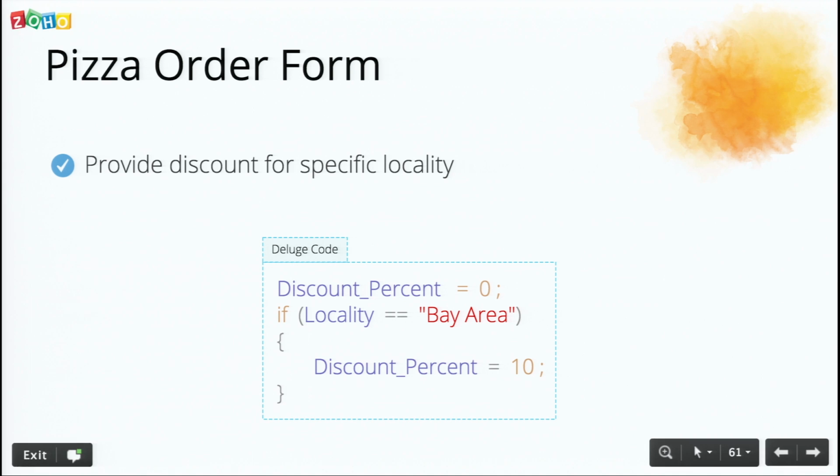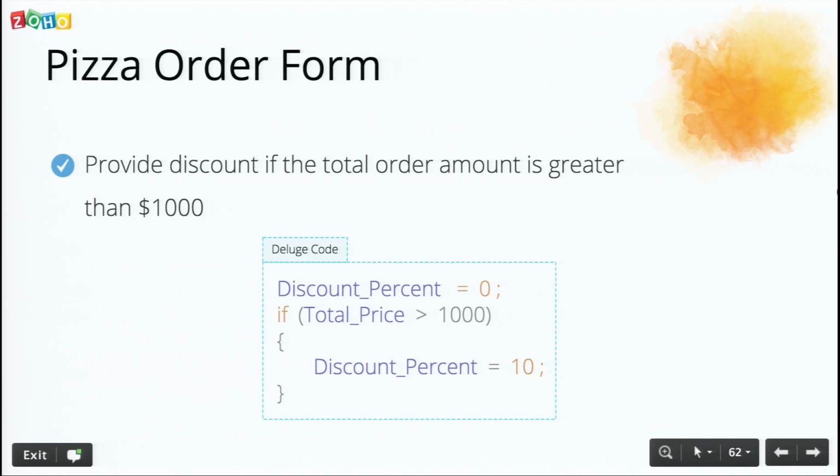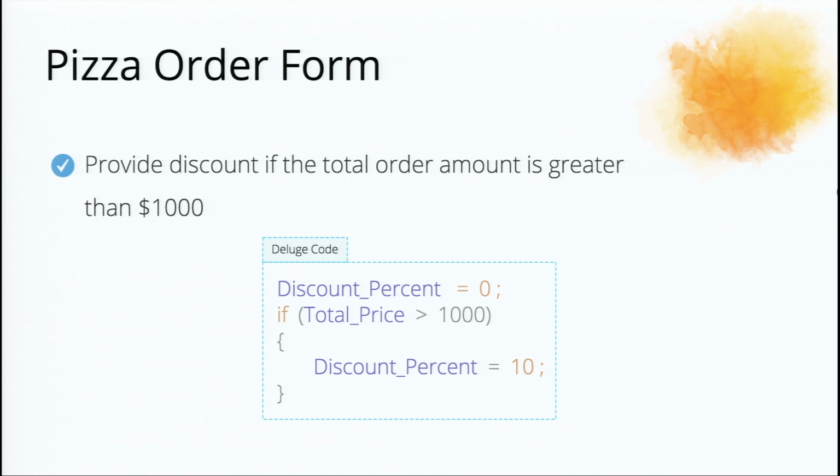Okay, let's get into the next thing where I want to check if the total price is greater than $1,000. Set the percent as 10. I'm going to combine these three things into one single thing. So this is how you do an outline. Take one task, define it, take the next task, define it, third one, define it, and then club all together, and then you'll get an actual business logic. That's where the blueprint works.